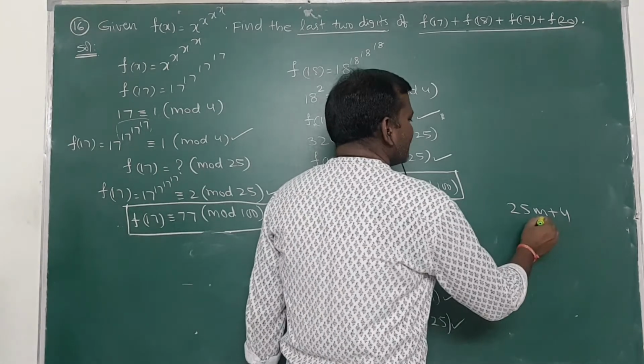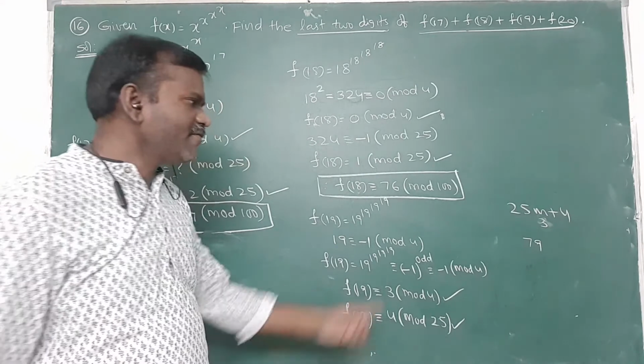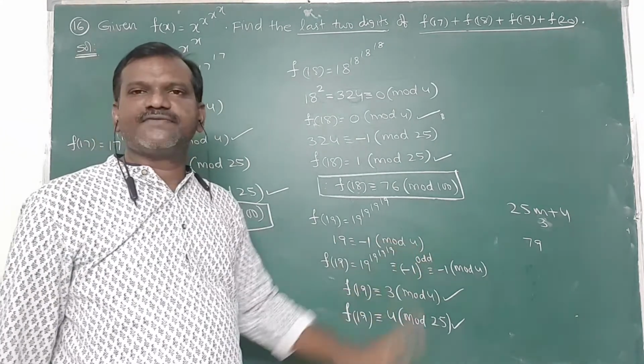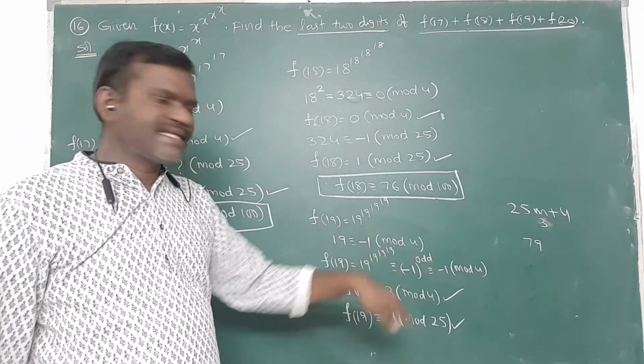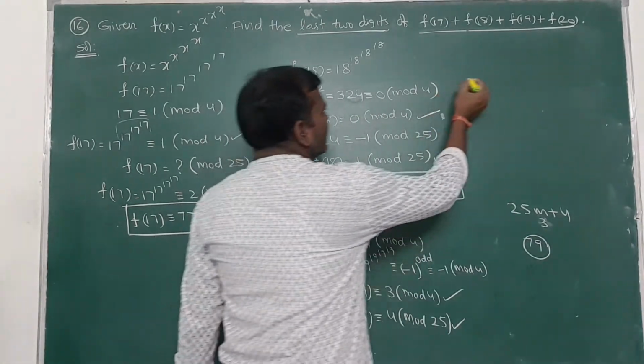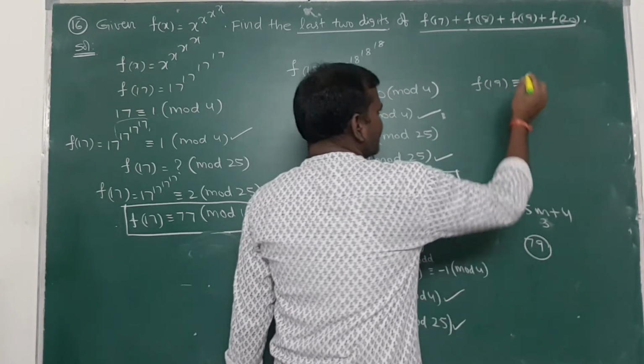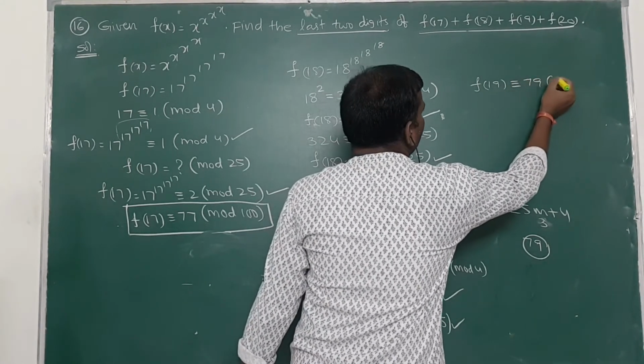If m is 3, then I am getting 79. 79 when divided by 4, remainder is 3, since 4 times 19 is 76 plus 3. So this satisfies here. That means f of 19 is congruent to 79 mod 100.